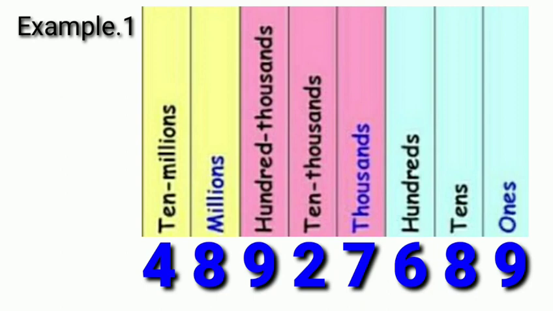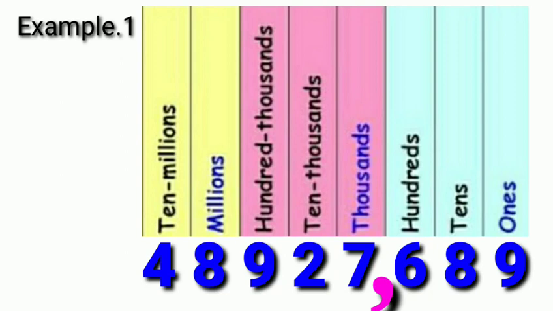First, we have to learn where should we write commas in international system. Ones, tens, hundreds. After 100, we should keep comma. And thousands, 10,000, 100,000.